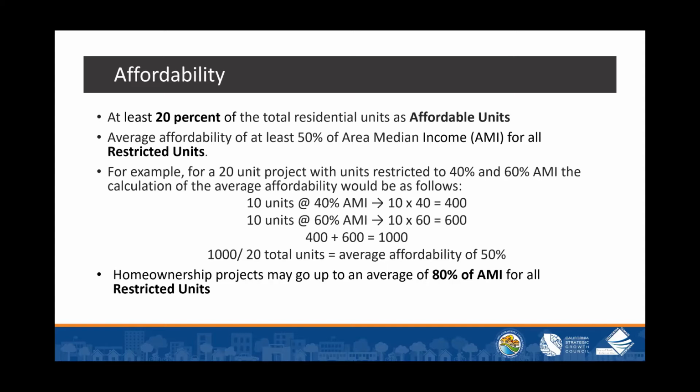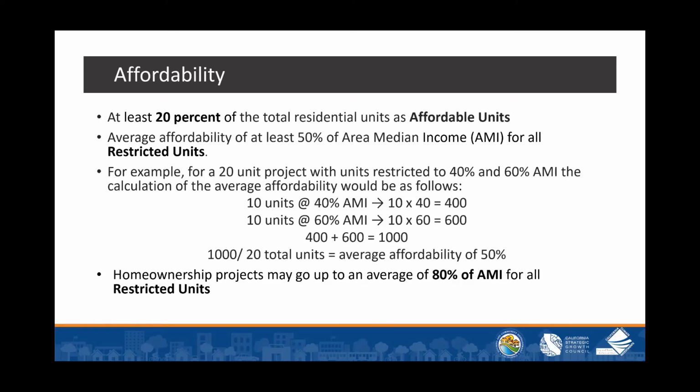The calculation of the average affordability would be 10 units at 40% AMI is 10 times 40 equals 400. 10 units at 60% AMI, 10 times 60 is 600. So you have 400 plus 600, 1,000. So 1,000 over the 20 total units equals your average affordability of 50%.